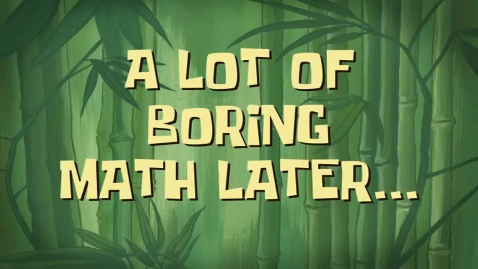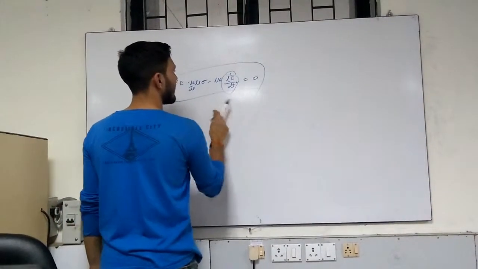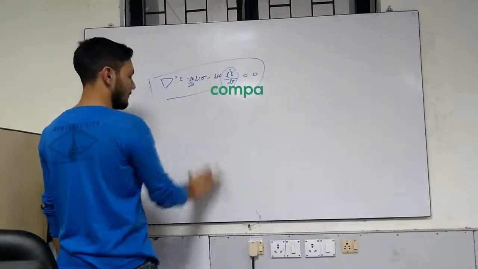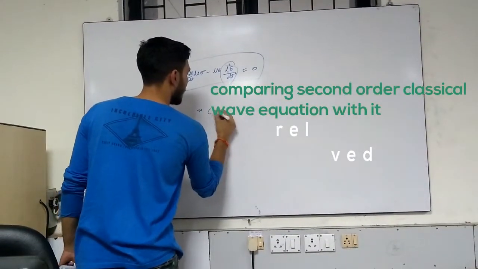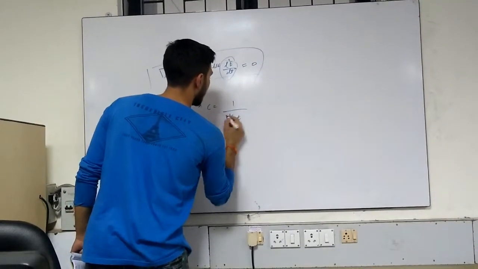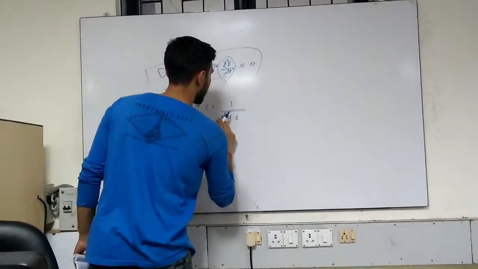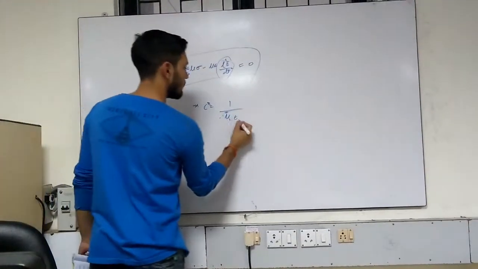A lot of boring math later. From here, if we compare this as the second order differential equation, we get that C square will be equal to 1 by mu epsilon.